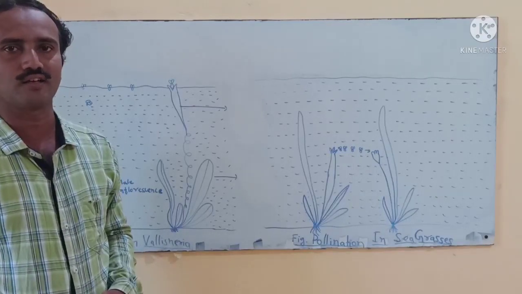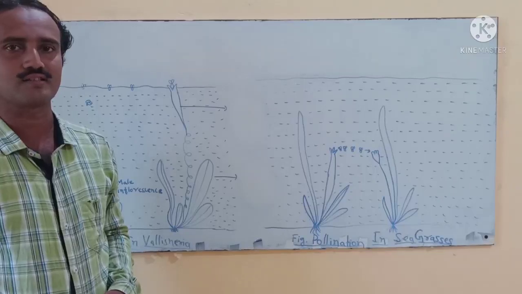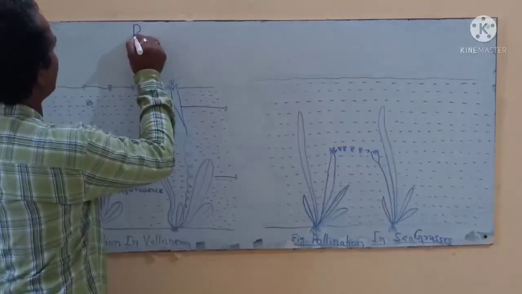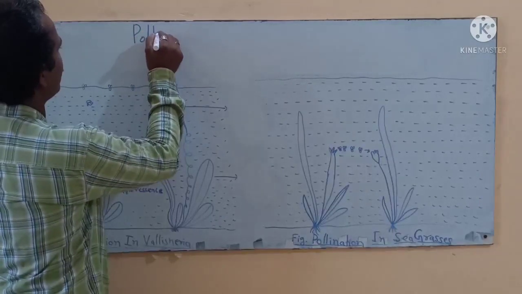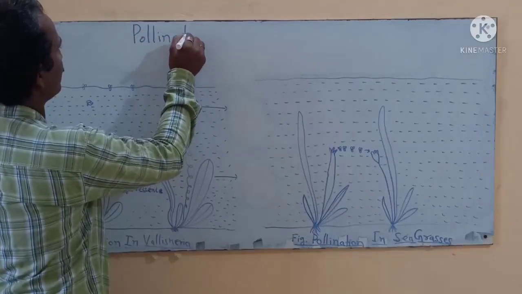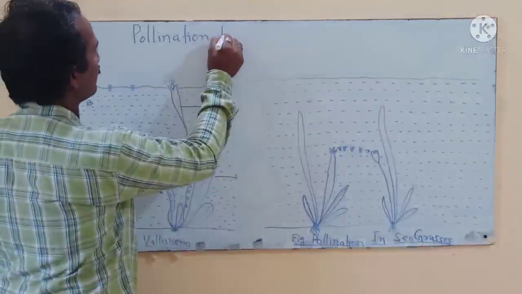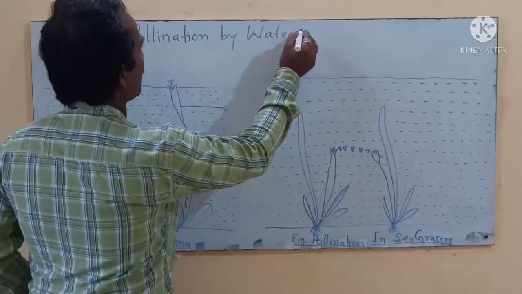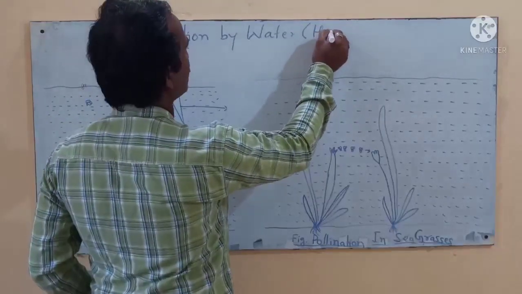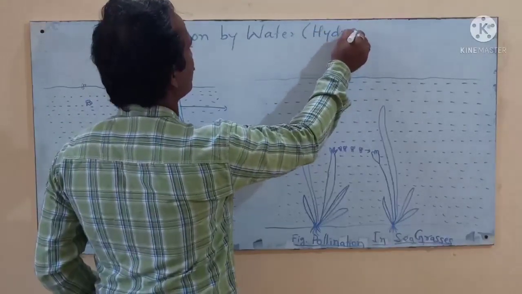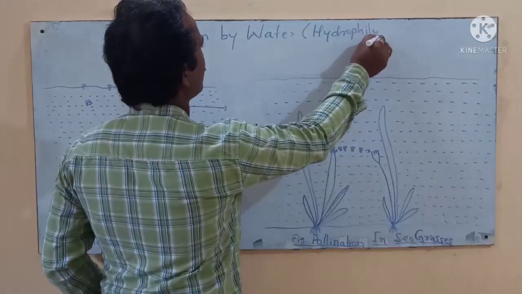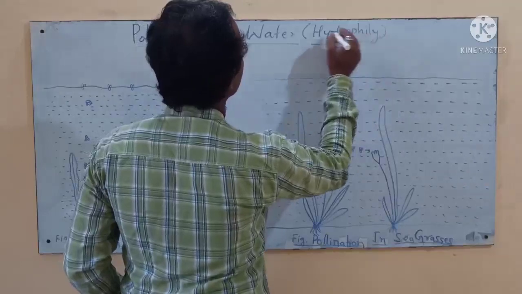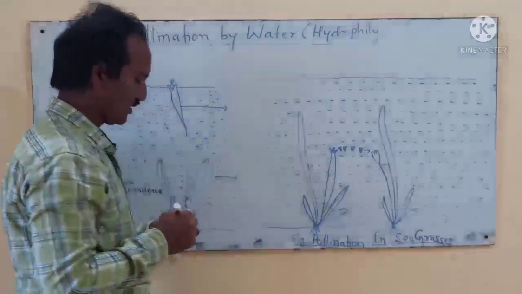Today we are discussing another type, that is called pollination by water. It is also called hydrophily.